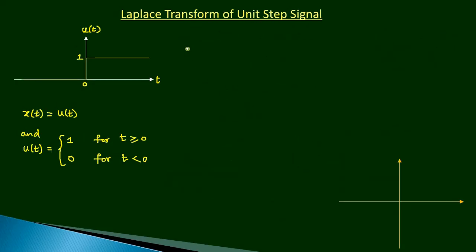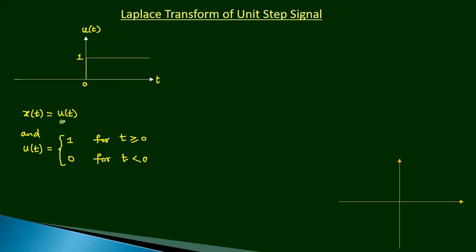Now the second one: we'll see the Laplace transform of the unit step signal. The unit step signal has amplitude 1 on the positive real axis and its value is 0 on the negative real axis. This signal is a causal signal which exists only on the positive real axis.